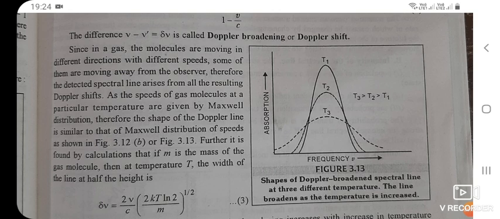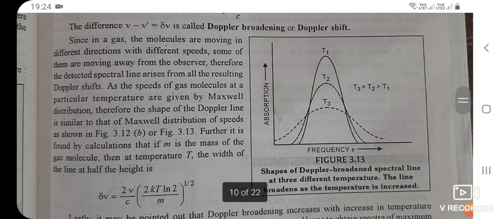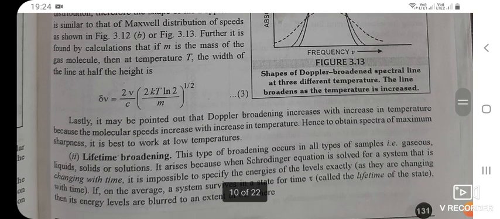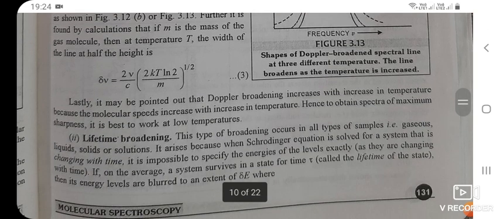Further, it is found by calculations that if m is the mass of the gas molecule, then at temperature T, the width of the line at half of the height is delta nu equals 2 nu upon c into the square root of 2kT ln 2 upon m.